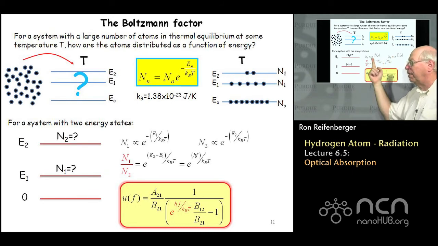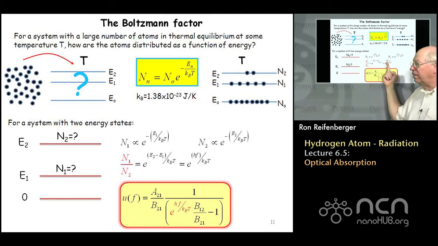Proportionalities are good enough because the proportionality constants will cancel when we take the ratio. And what we find is that this ratio of N1 over N2 is just e to the exponential of E2 minus E1 over k Boltzmann times T. And this energy difference, E2 minus E1, between these two energy levels, is just hf. That's the energy of a photon that would be emitted if an electron undergoes this transition.